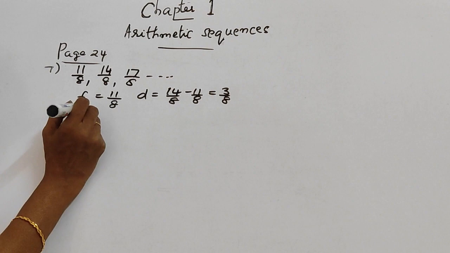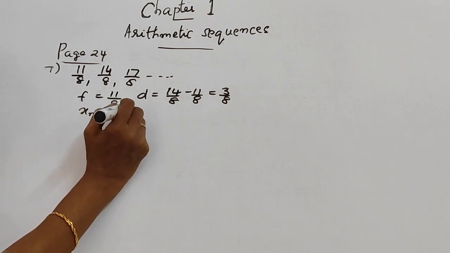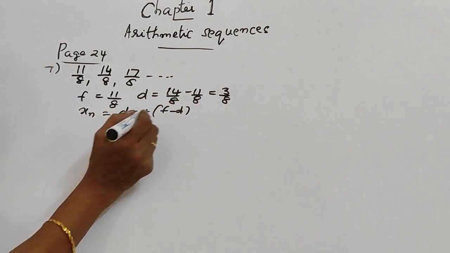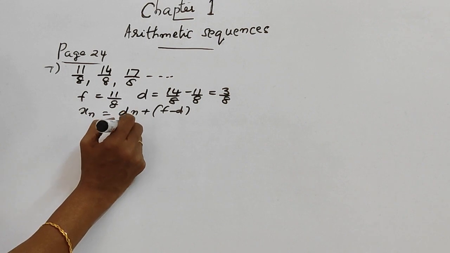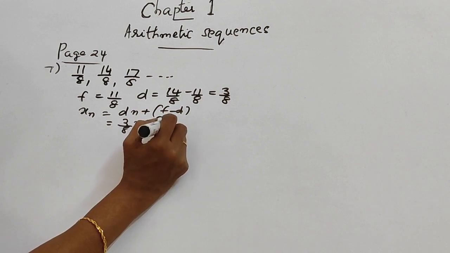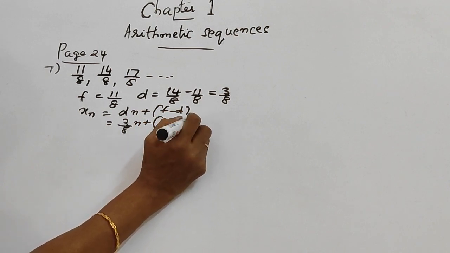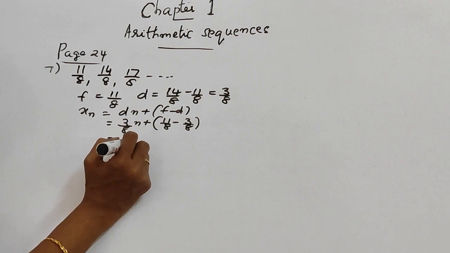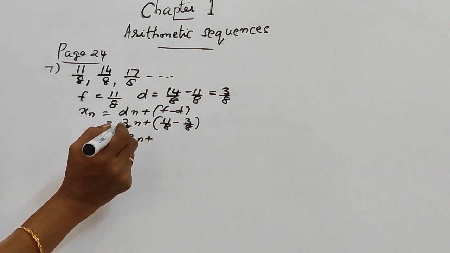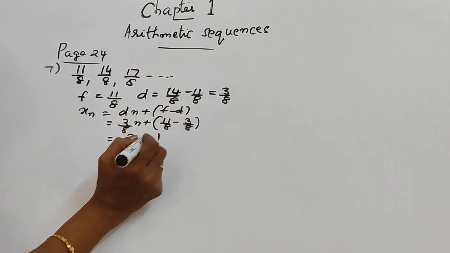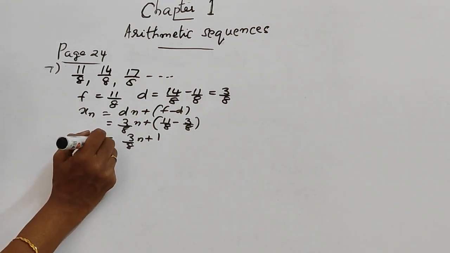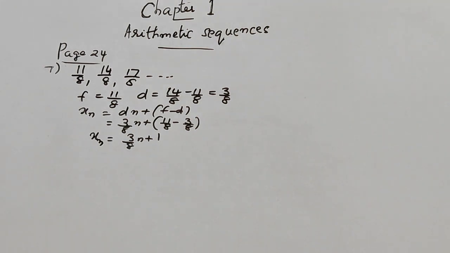Here we have to find xn. xn is equal to dn plus f minus d, which is 3 by 8 n plus 11 by 8 minus 3 by 8, that is 3 by 8 n plus 8 by 8, which is 1. So xn is equal to 3 by 8 n plus 1.